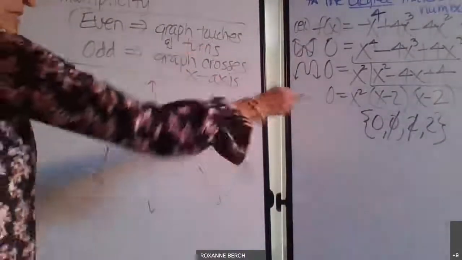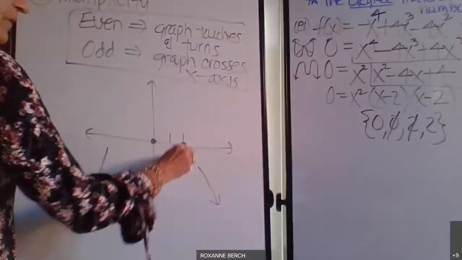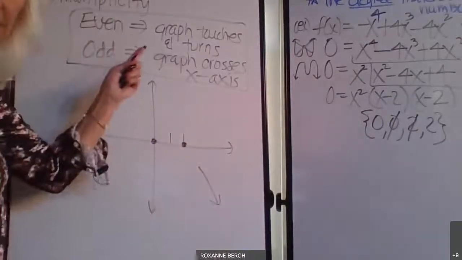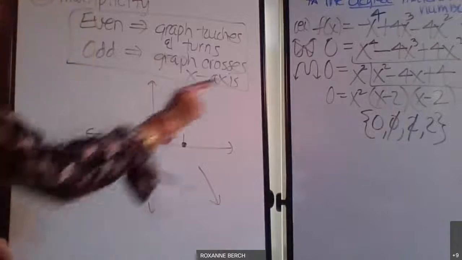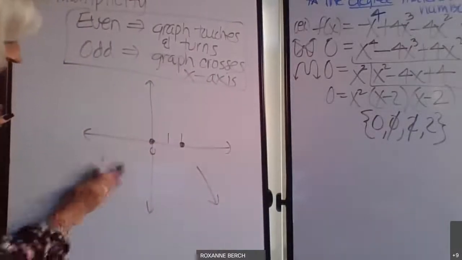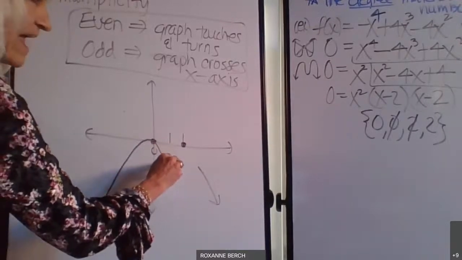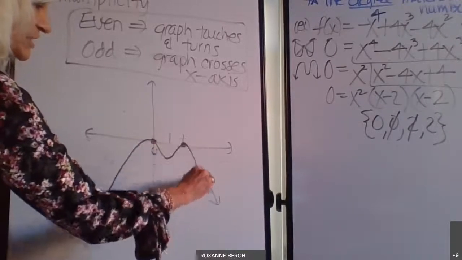So now we're going to graph the solutions, 0, 0, and 2. And what this means, check this out. If we have an even number of zeros, the graph is going to touch and turn. And this was an even number. It's going to touch and turn. Look at that.